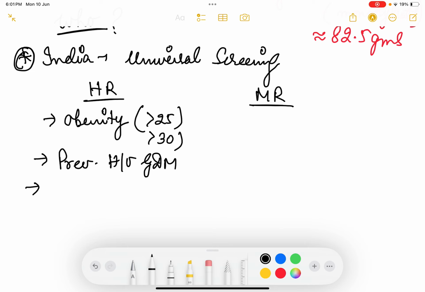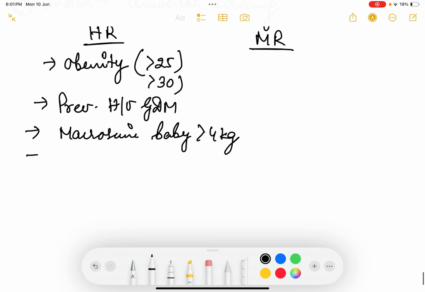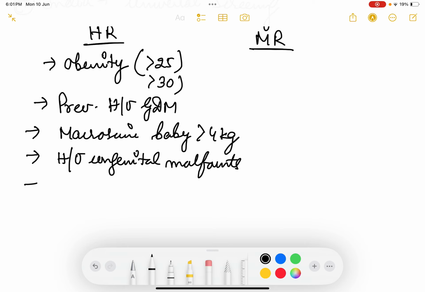Then history of macrosomic baby, previous baby delivery हुआ था and baby had a weight more than 4 kg. So this time we will screen her, of course, for gestational diabetes mellitus. Then if there was a history of congenital malformations in the baby. Now why congenital malformations occur in diabetic patients, this I will be telling in a while.